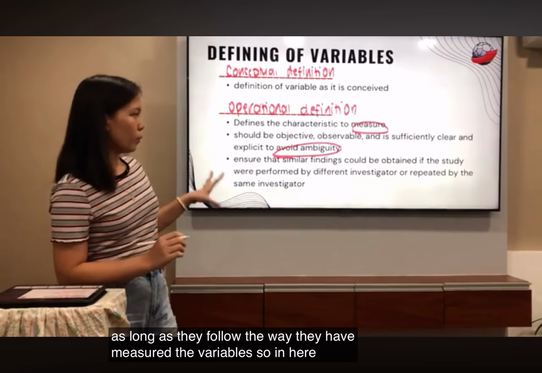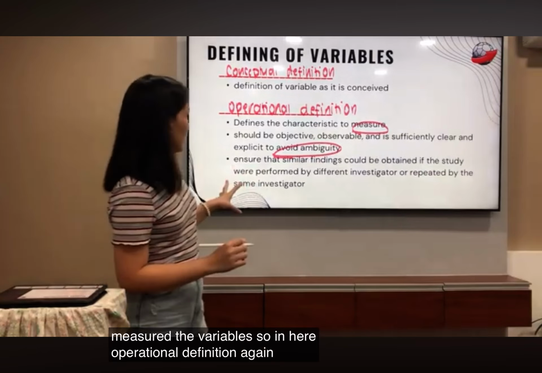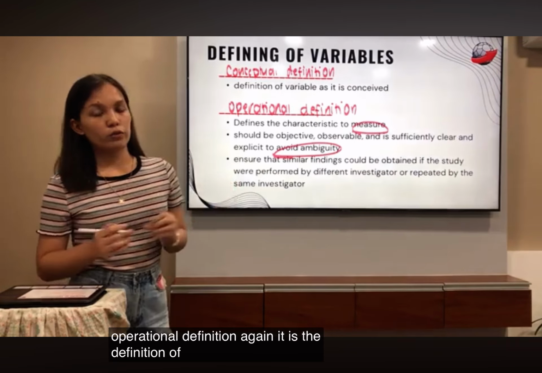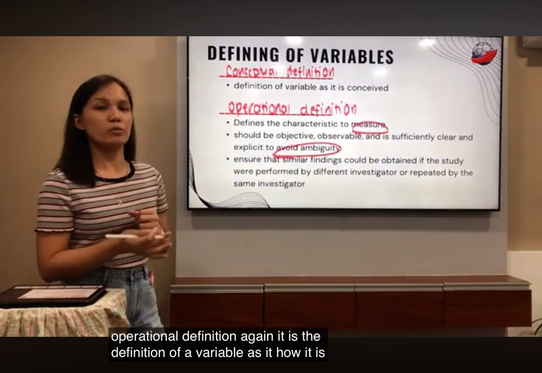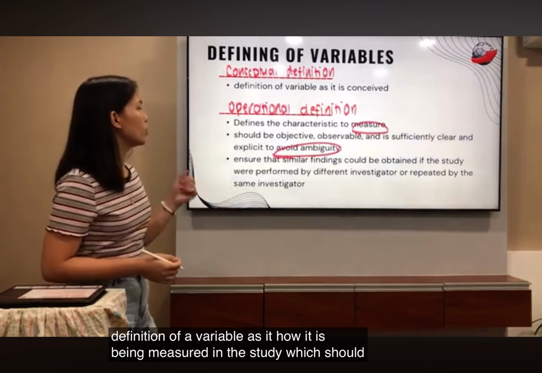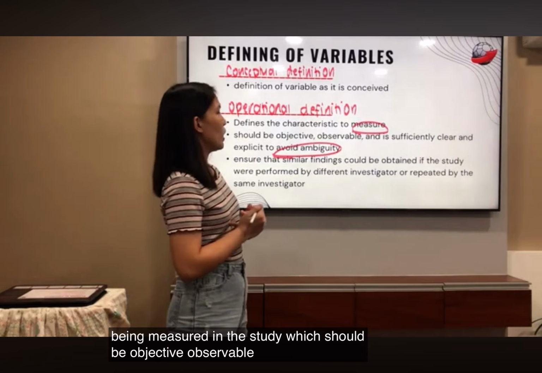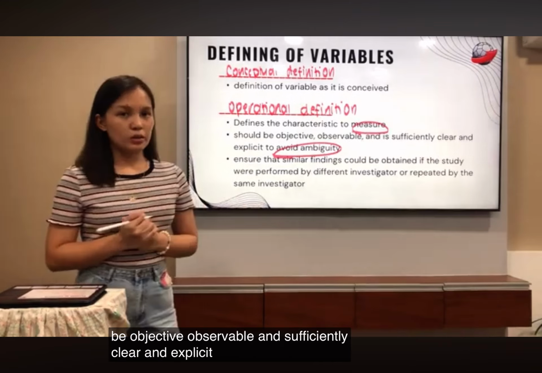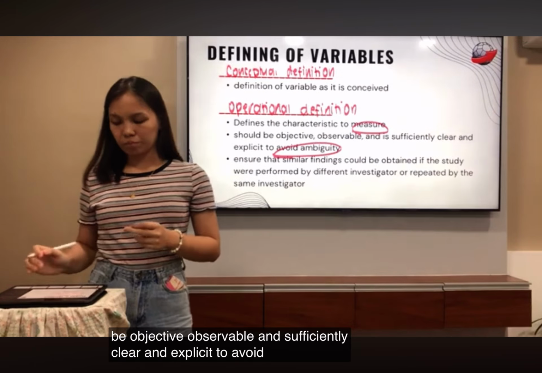So here, operational definition, again, it is the definition of a variable as how it is being measured in the study, which should be objective, observable, and sufficiently clear and explicit to avoid ambiguity.